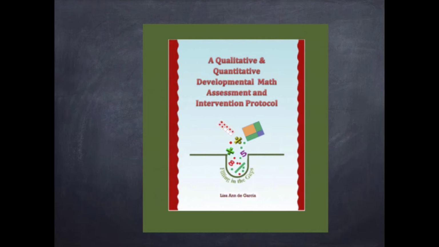I created this book because I noticed that I was using the same activities for different students who are functioning at similar stages. All the kids who are struggling around tens and ones, I noticed I'm always doing these same activities to move them forward. So I wanted something that, if I left, other teachers could replicate.